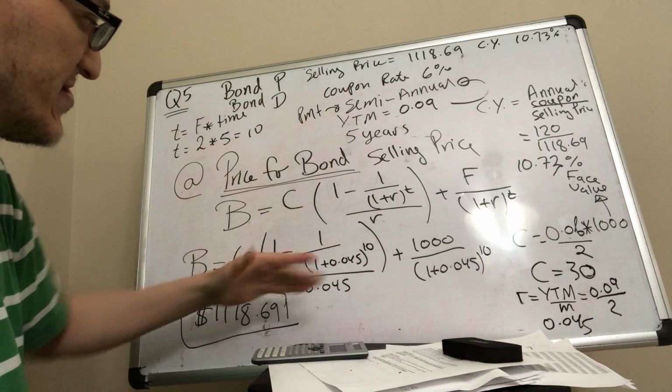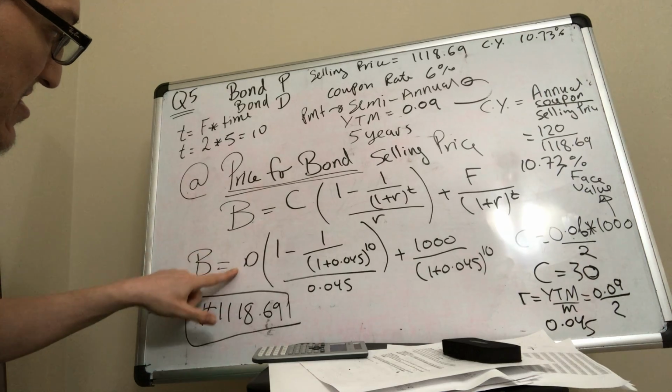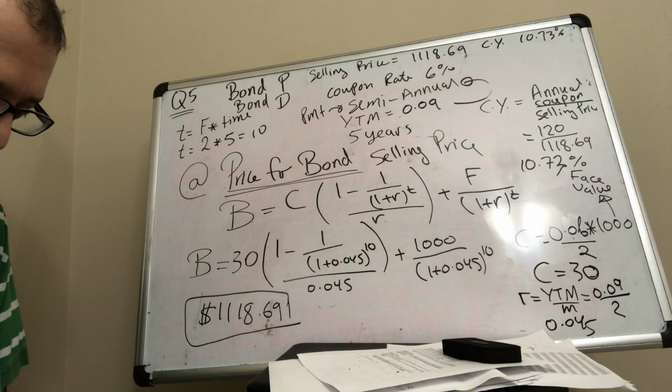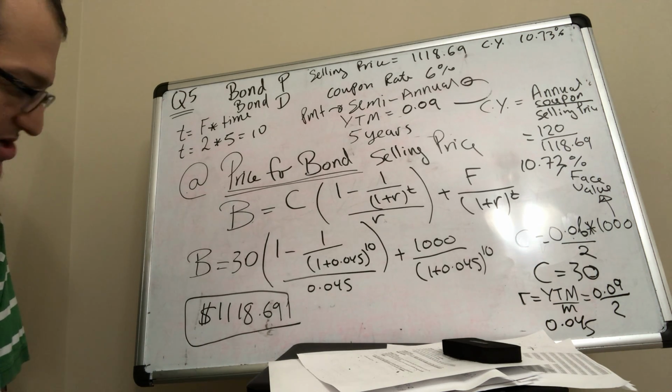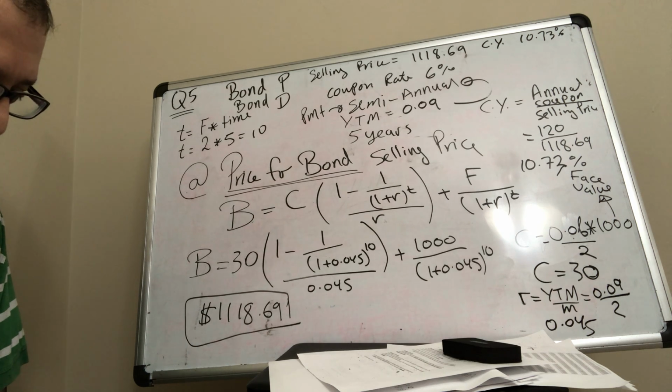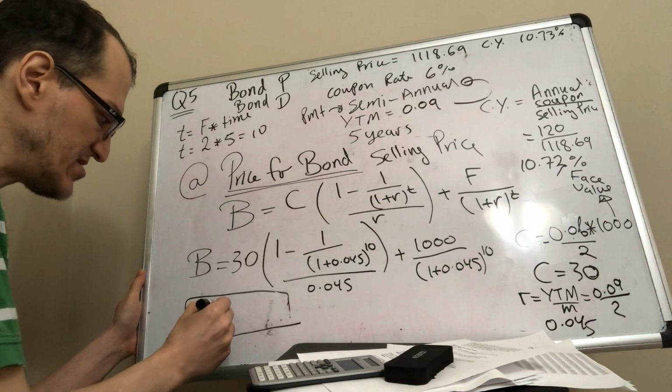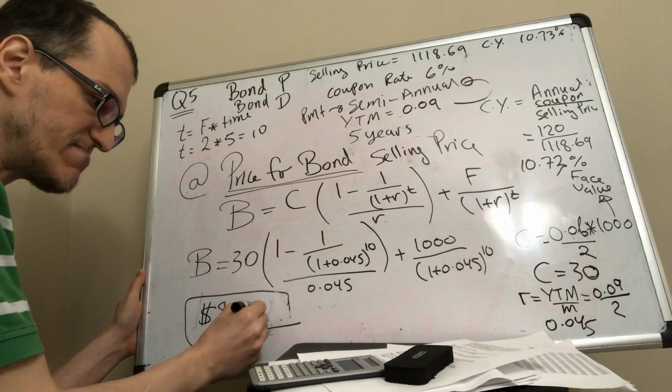So everything will be the same. The only thing different is this 60, 30. So we do the calculation now. This number here is going to be 881 and 31 cents.